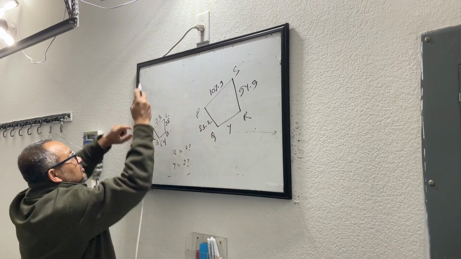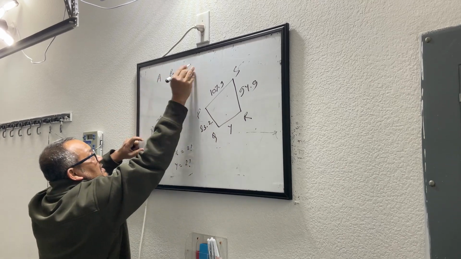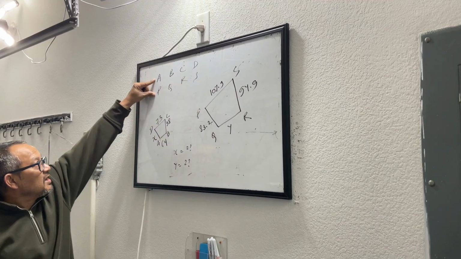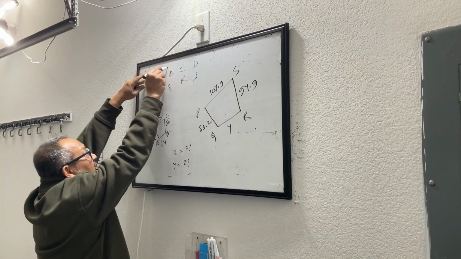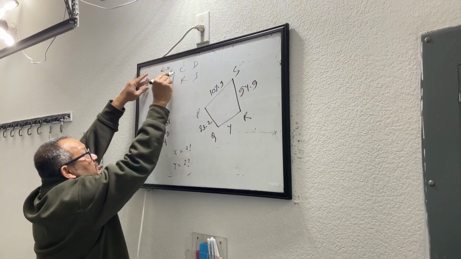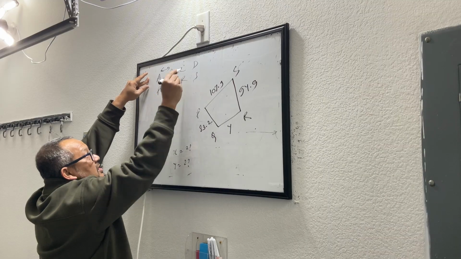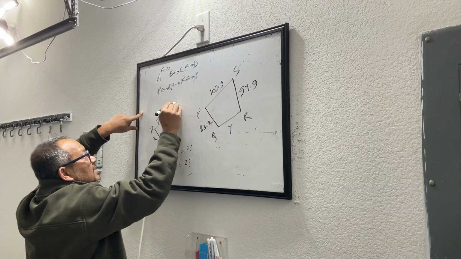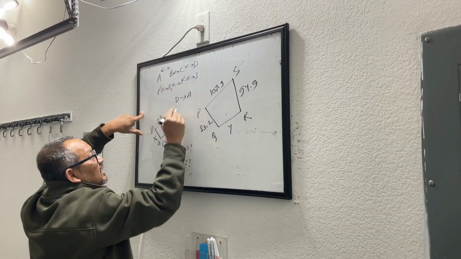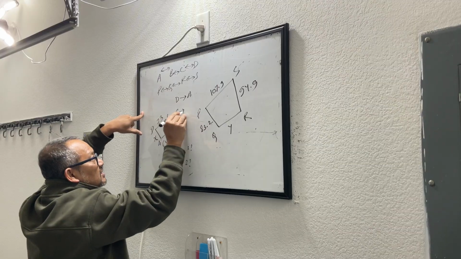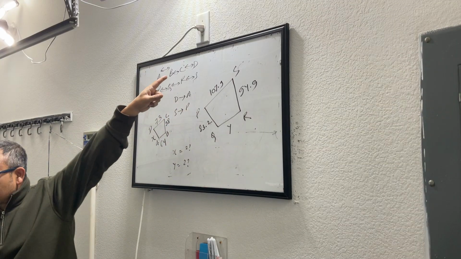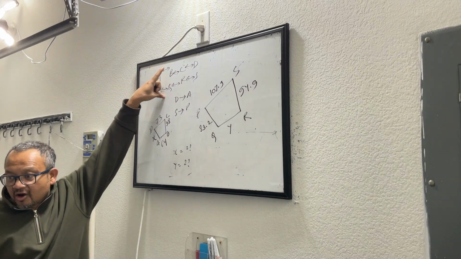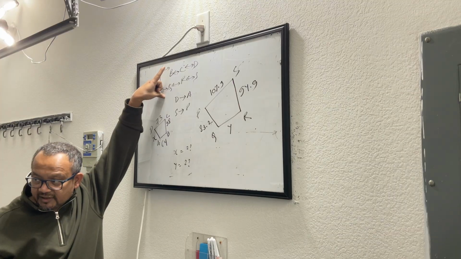You can write it down: A, B, C, D here, P, Q, R, S. AB, PQ, BC, QR, CD, RS, and there will be one more, DA and SP. Why I'm doing this is just to make sure that you know which side is exploding or shrinking to become what side.